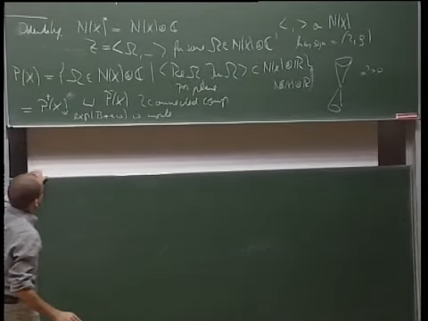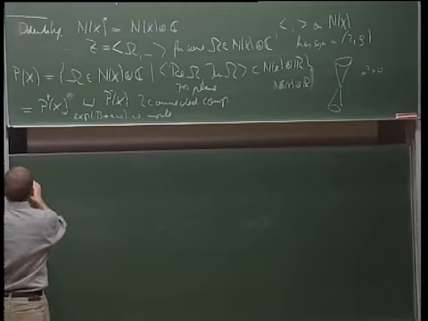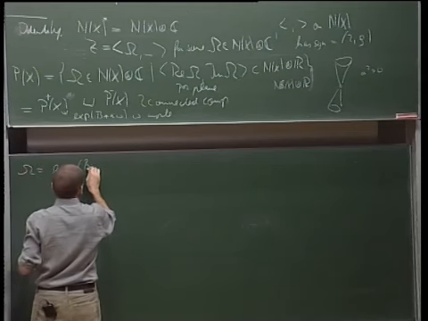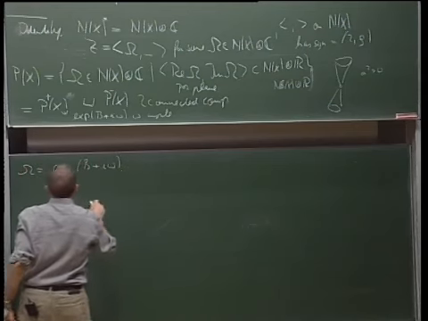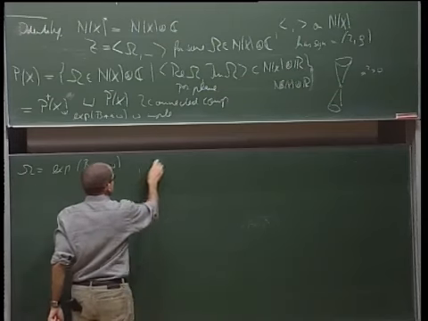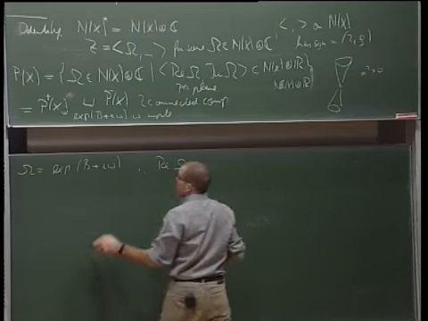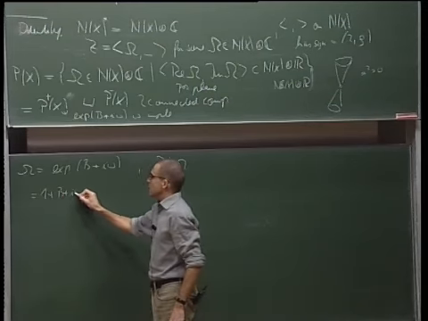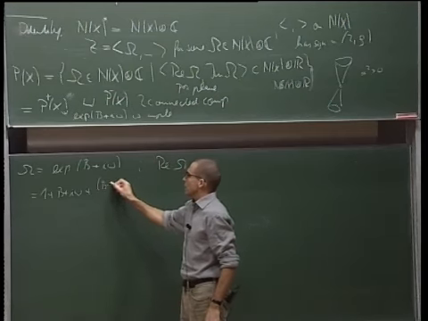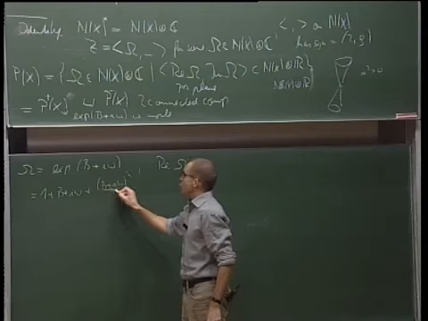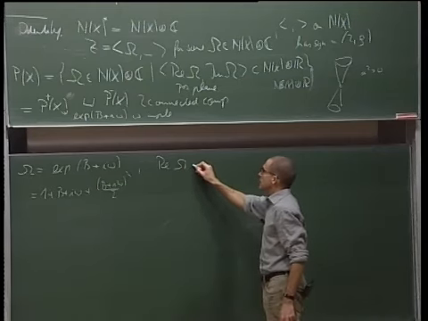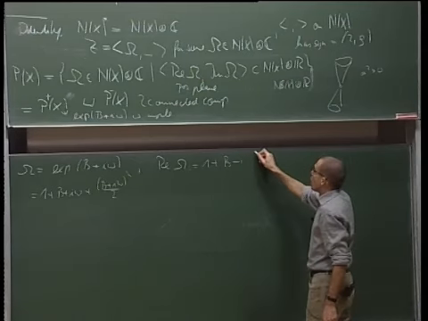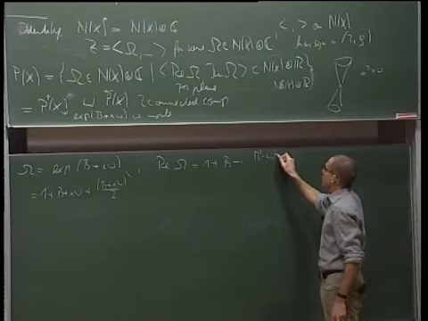Okay, so let me maybe write this out. What it means: if I take capital Omega to be the exponential of B plus i omega, then what are its real and imaginary parts? The real part of Omega is, remember, 1 plus (B plus i omega) plus (B plus i omega) squared over 2, by the definition of the exponential. So the real part is 1 plus B plus (B squared minus omega squared) over 2, in degrees 0, 2, and 4.